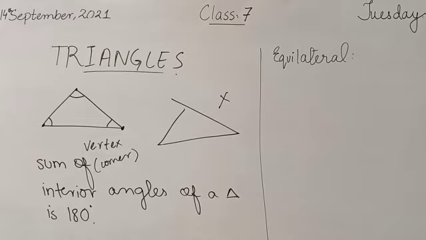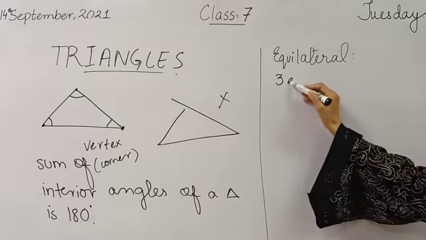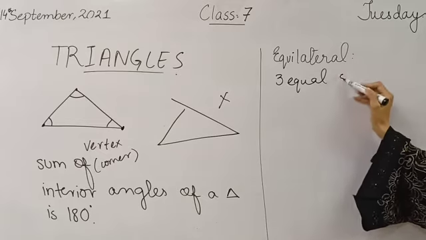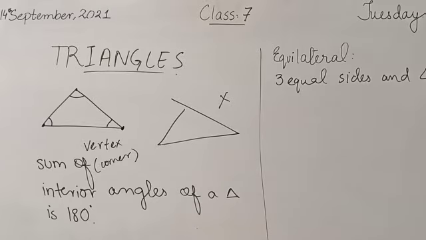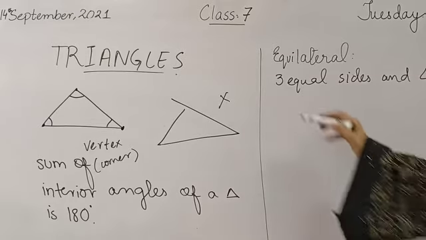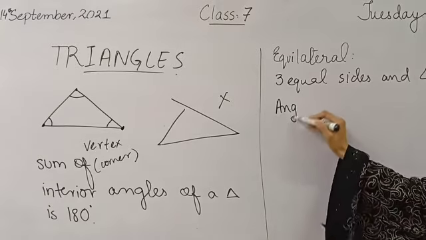So in an equilateral triangle we have three equal sides and three equal angles. Then what about its angles? What is the measurement of the angles? Angles are of 60 degrees.